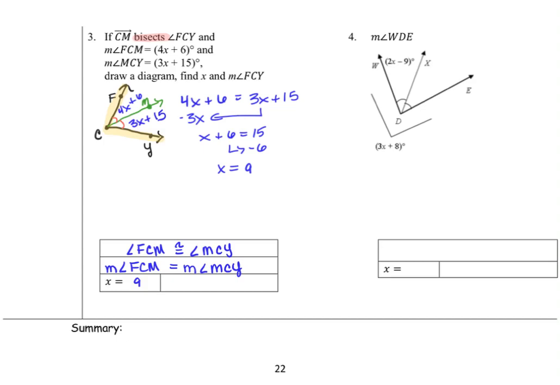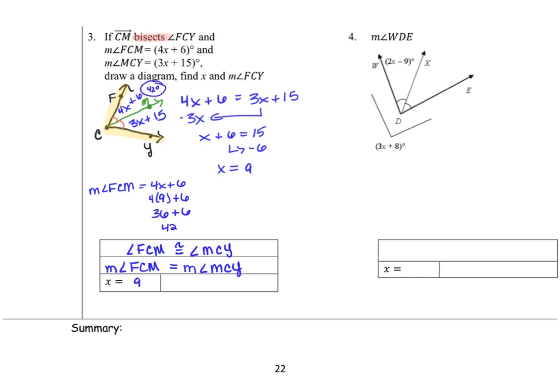So I'm going to use the measurement of angle FCM. That's equal to 4x plus 6. So I'm going to replace this x with the 9, and that will give me 4 times 9 plus 6. And then 4 times 9 is 36 plus 6, and then 36 plus 6 is 42. So that means that this angle right here is 42 degrees.